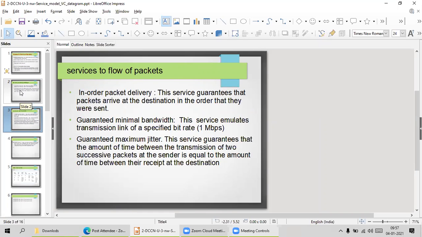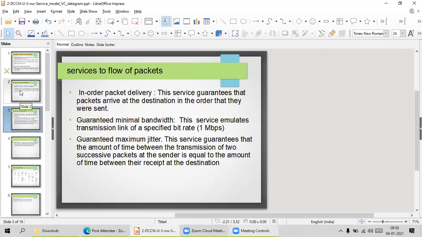Guaranteed minimal bandwidth. This service emulates a transmission link of a specific bit rate. Whenever I'm using any link, I need to have some fixed bitrate, and at that bitrate only I have to forward the packets.